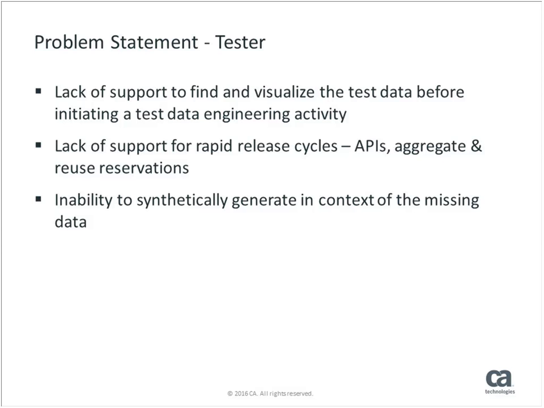Okay, that kind of wraps up the problem statement. So we will be able to address all of these in the current release, but this essentially outlines our thought process to address these deficiencies within the product.